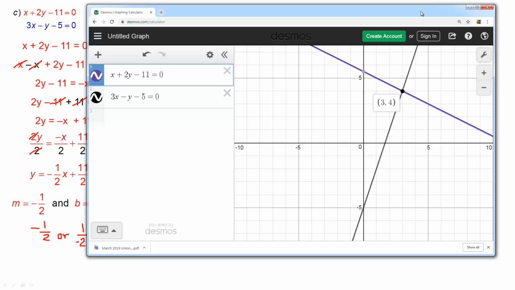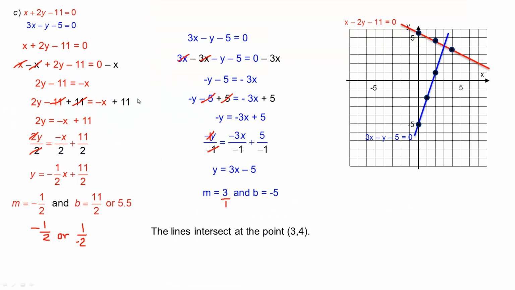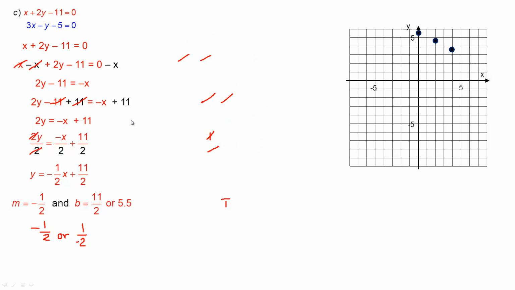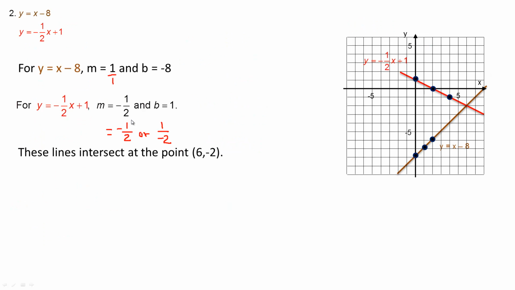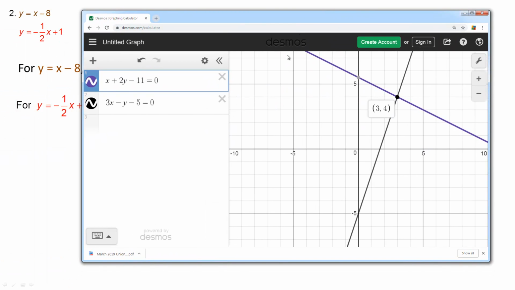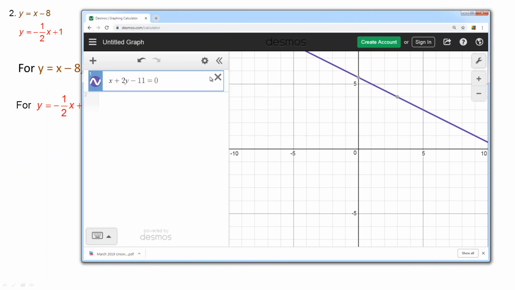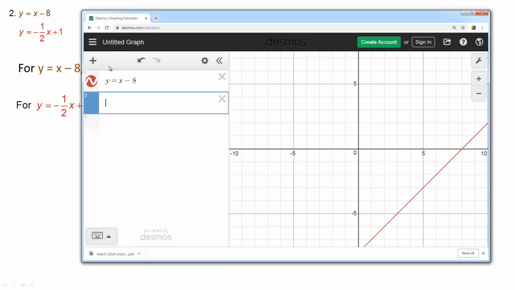Could also check previous ones too. If we go back here, I guess I could have done this when I was on the other page. So for example, the number 2 one here, let's get rid of these. y equals x minus 8. And now for this one, if you do negative 1 and do the division sign 2, it turns into a fraction.